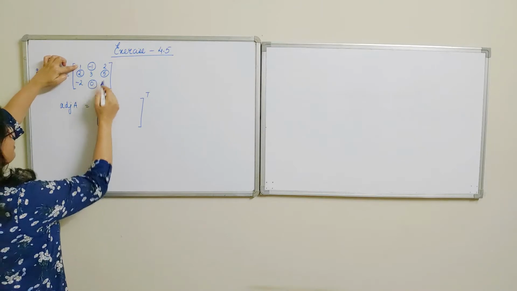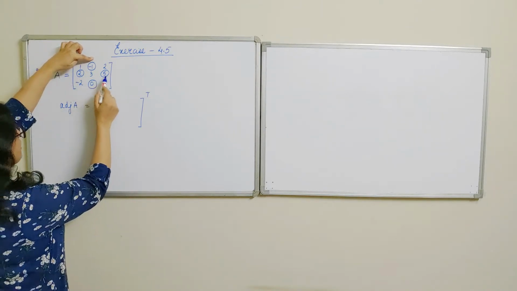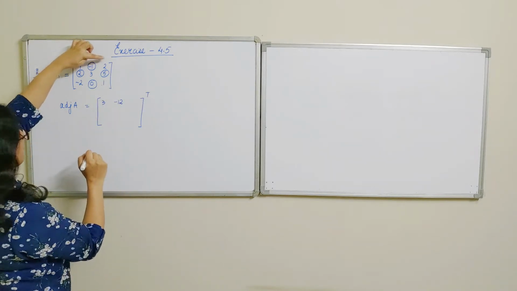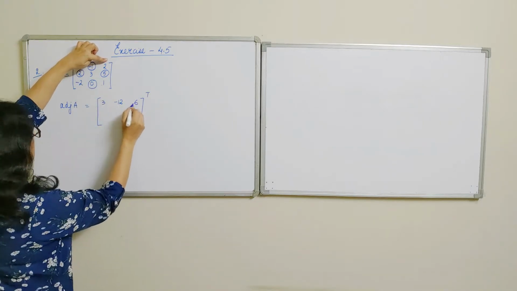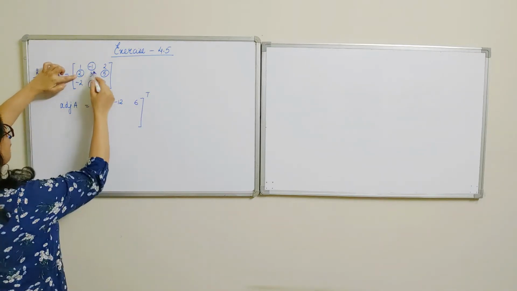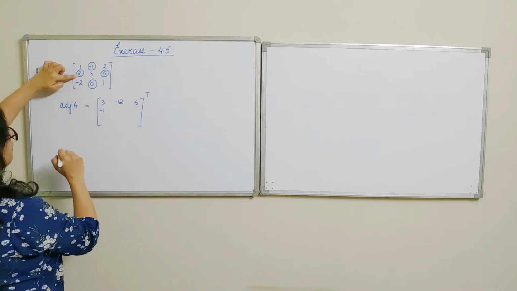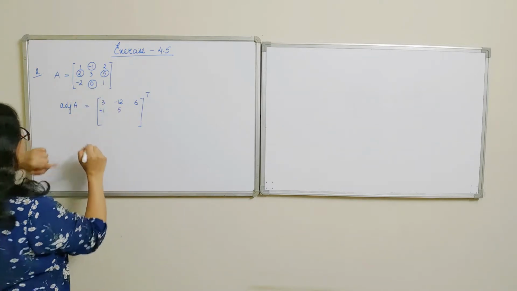Cofactor of 1 is 3. Cofactor of this element is 2 plus 10, which is 12, and hence it becomes minus 12. Cofactor of this element is plus 6. Then this element will have minus 1, and the sign will change to plus 1. Then for 3 it is 1 plus 4, that's 5.